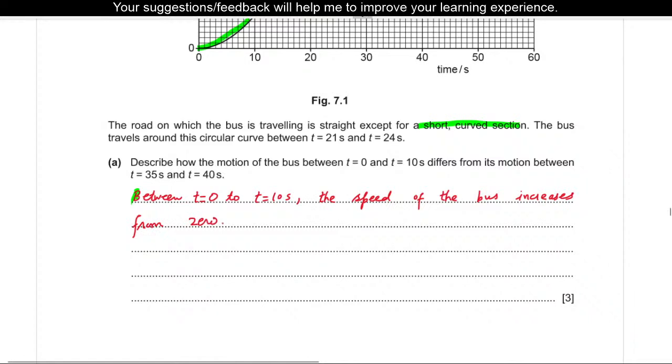We have mentioned it from 0 because initially it was at rest. At time t = 0 it was at rest, so we have written here from 0. If you don't write it you may lose 1 mark. Increases from 0. You can also further explain it, that is, it accelerates.